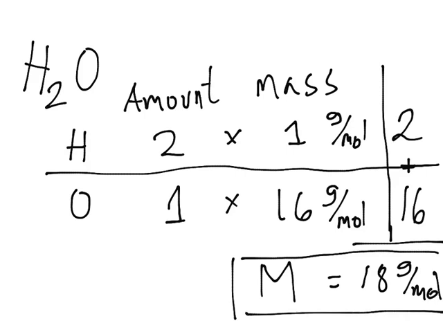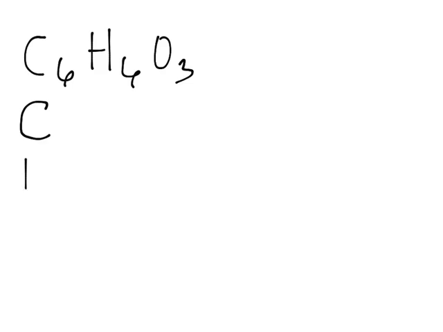Now let's try one with 3 different elements, something like C6H6O3. Like before, you want to separate it into the three different elements: carbon, hydrogen, and oxygen.